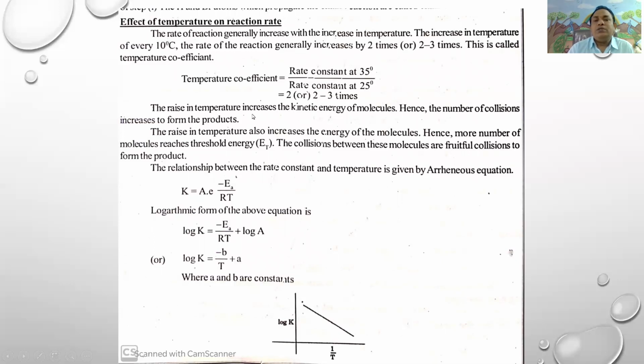Raising the temperature of the reactant molecules increases the kinetic energy of the molecules. While the kinetic energy increases, the collisions between the reactant molecules increase, meaning the number of collisions to form products increases.